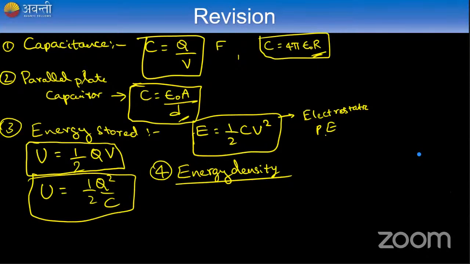I asked what's the formula for energy density. Yes, correct, Dhanush. It's half epsilon naught times E square. This was the expression for energy density for the electric energy stored in the capacitor in between the capacitor plates.